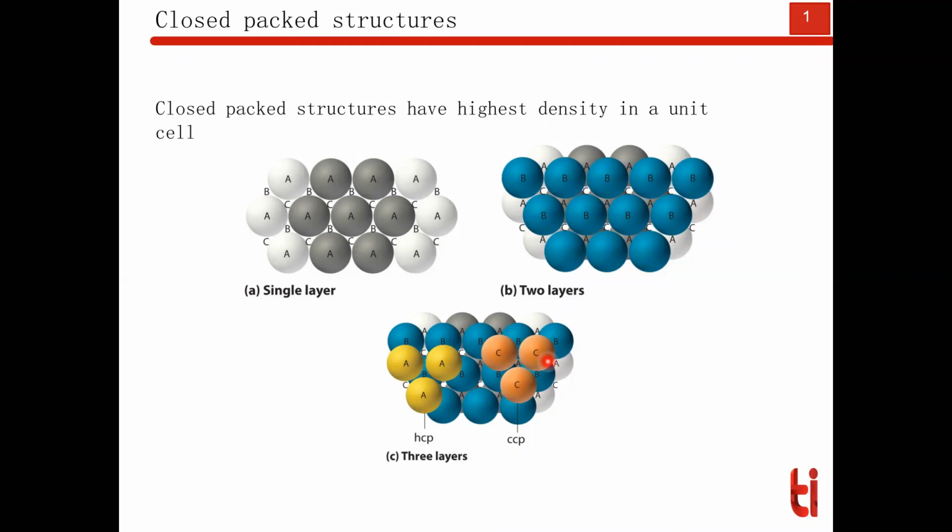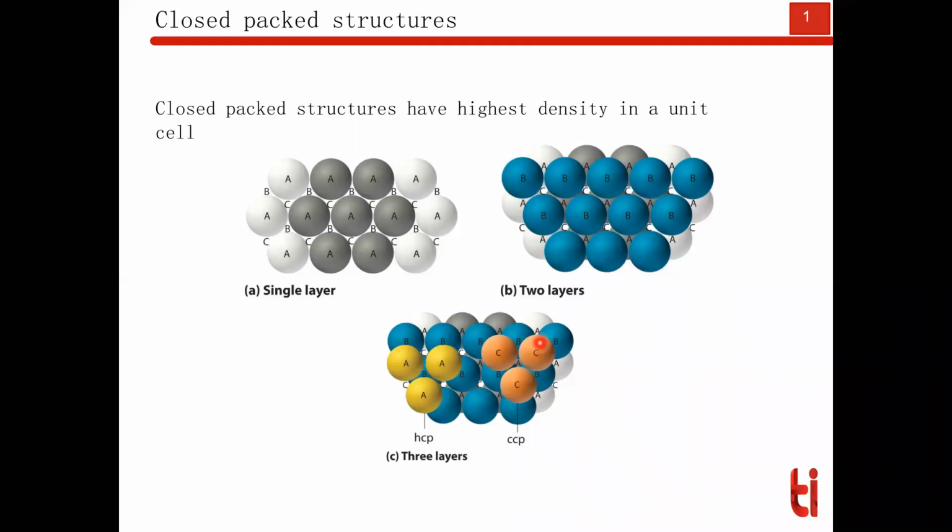Now there is also a possibility that instead of a C atom, you have the repetition of an A layer on the top of B. So you get in a 3-layer design 2 possible configurations. In the first configuration, you have the A layer, on the top of that you have a B layer, and then on the top of that you have a C layer, and then it repeats.